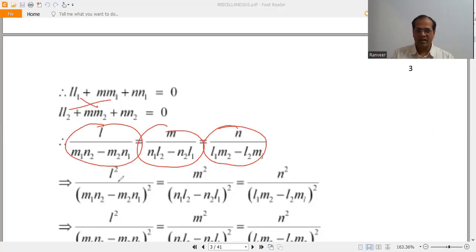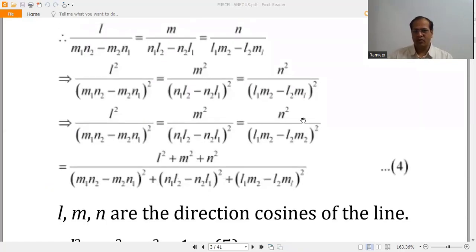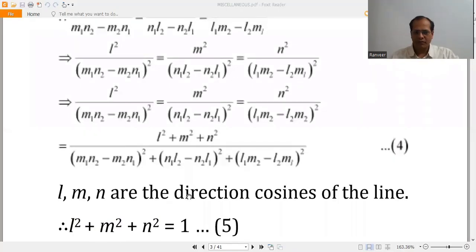Since we require l squared, m squared and n squared, we square these values and add them. This is equation 4.